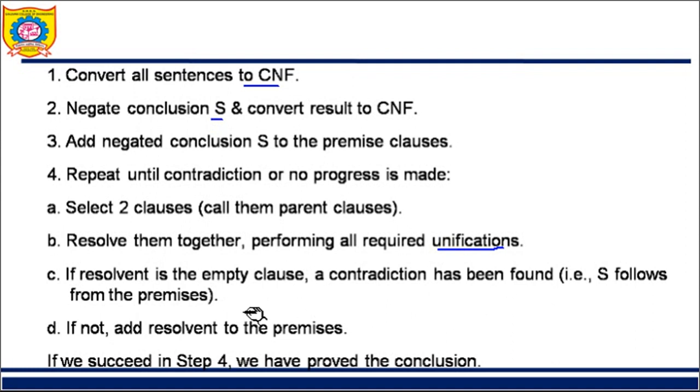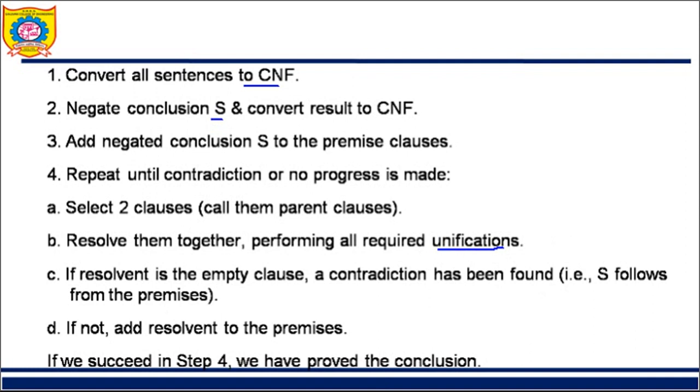If I get the empty clause, like I was getting previously also, that means my search is successful and S is a conclusion of the knowledge base. Otherwise, if I get no new resolvent, I need to stop. That means S is not getting proved. So this algorithm is the same as the previous one, only one thing is added over here, that is unification while resolving.